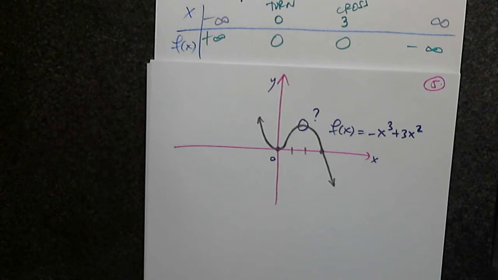Okay, so here's how we determine the maximum. Did we all get this graph? Yes? Okay, so let's determine the maximum. We see that the maximum is between x equals 0 and x equals 3. The calculator will ask us where to look for the maximum. So second and calc.